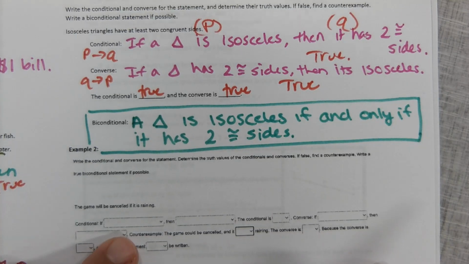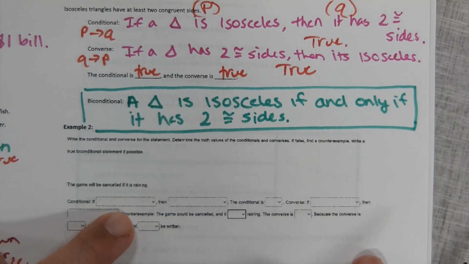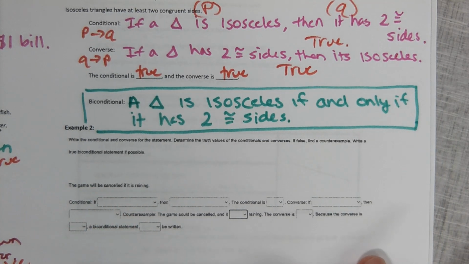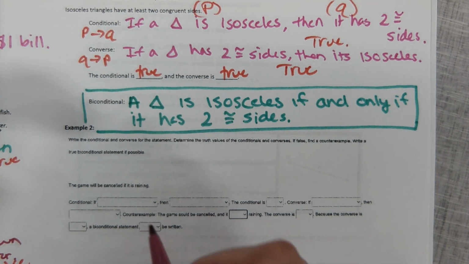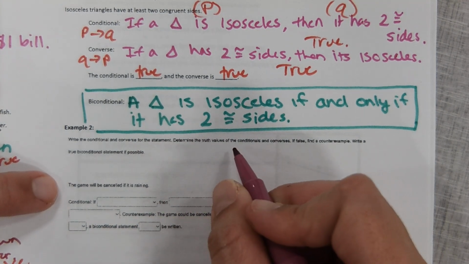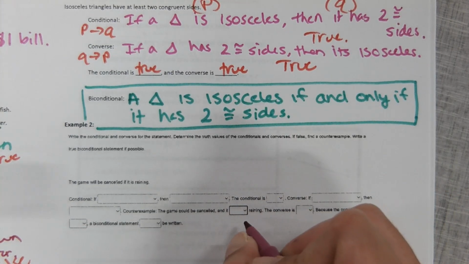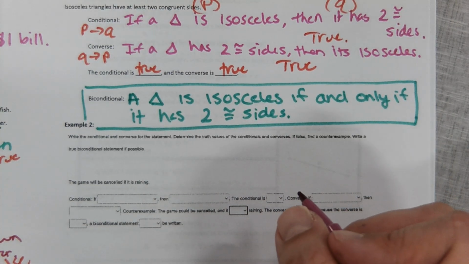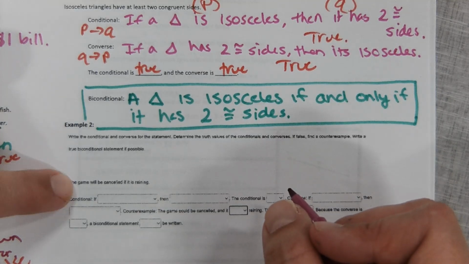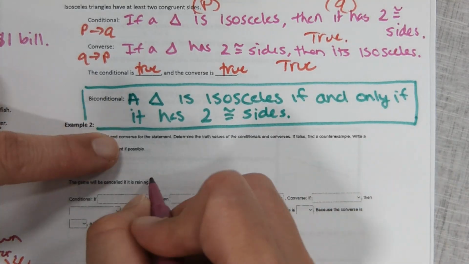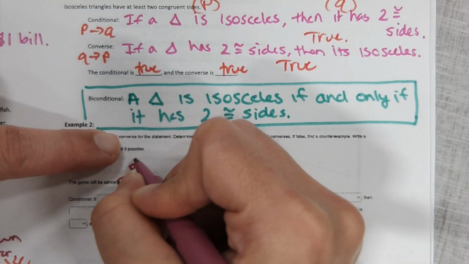I got these questions right from your textbook and just put them in Schoology. Okay, so for example 2, write the conditional and converse of the statement and then determine if they are true. If they aren't true, write a counterexample and explain why you can't do a biconditional. So here it's saying the game will be canceled if it's raining. So if it's raining, that's the hypothesis.